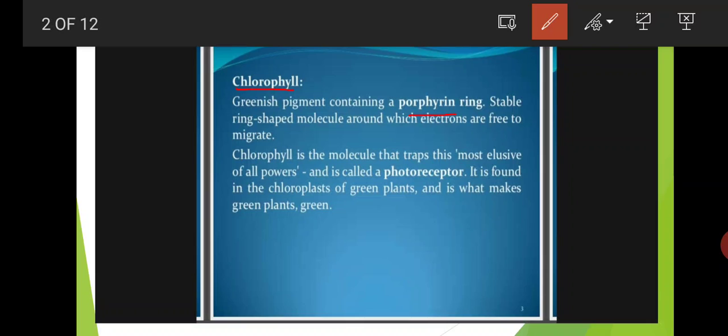Chlorophyll is a molecule that traps this most elusive of all powers and is called a photoreceptor. It is found in the chloroplast of green plants and is what makes green plants green.